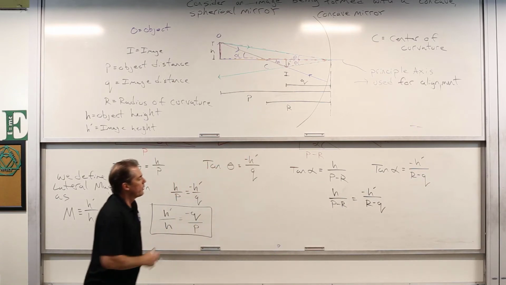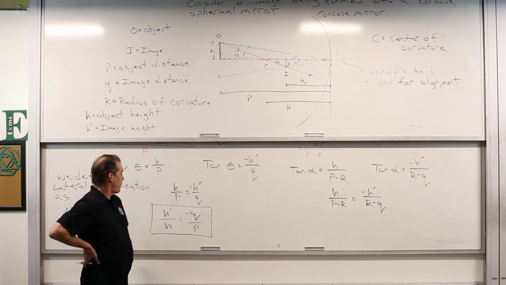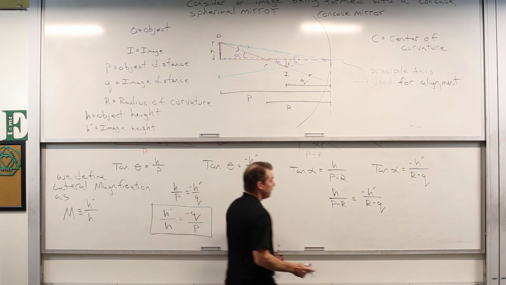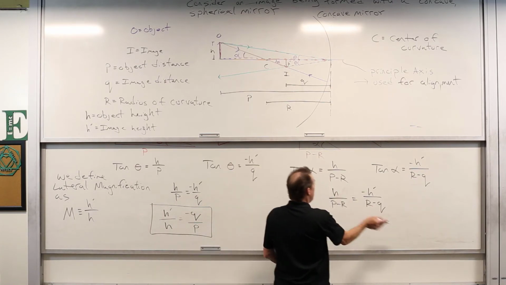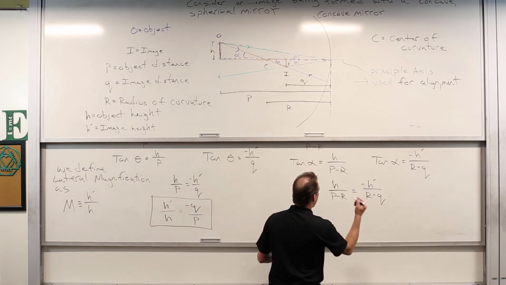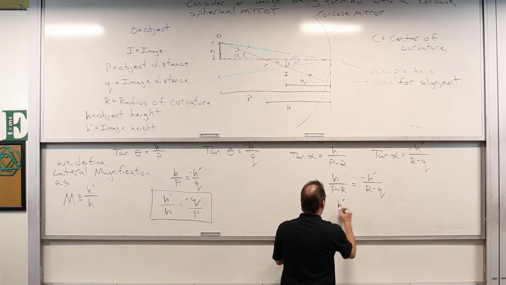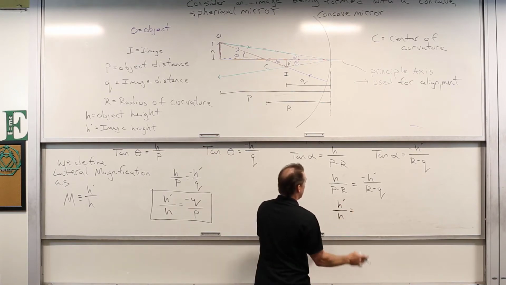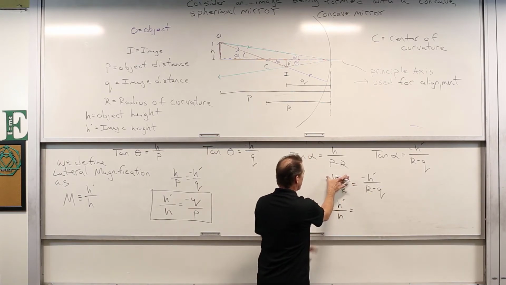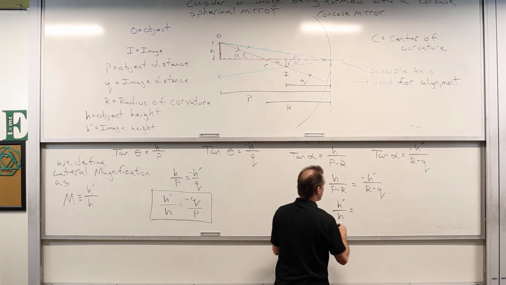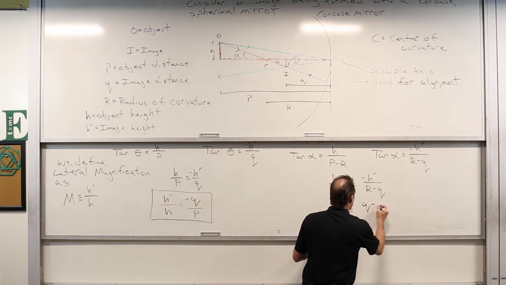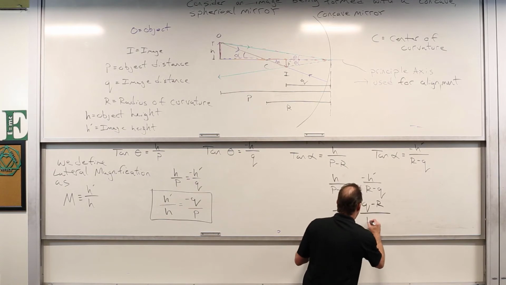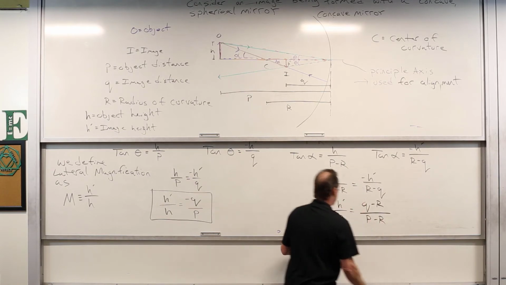What happens if we go ahead and solve this out for h prime over h? Shall we? So we can put this h over here, we'll throw in a negative sign on the other side, and we can write that h prime over h is going to be equal to, this comes up here with a negative sign in it, q minus r divided by p minus r.